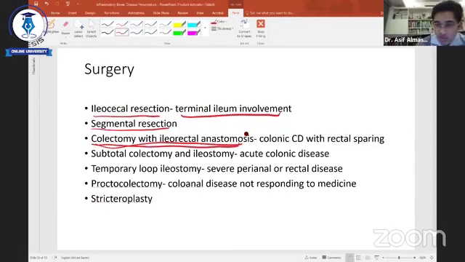When? When there is a colonic disease with rectal sparing. The rectum is spared, but the colon is involved. Then you do a colonic resection with ileorectal anastomosis.